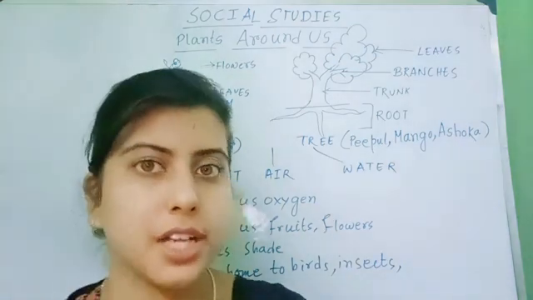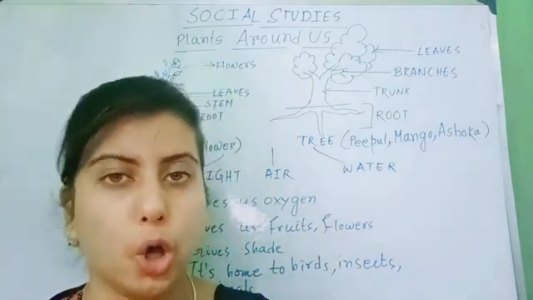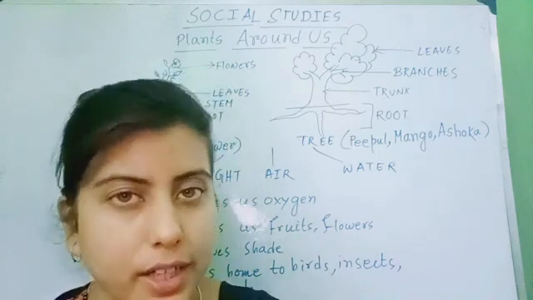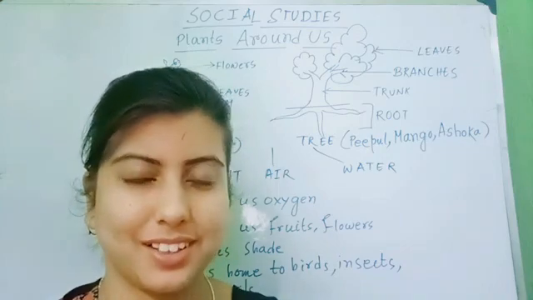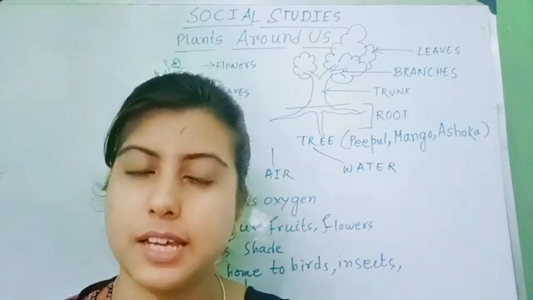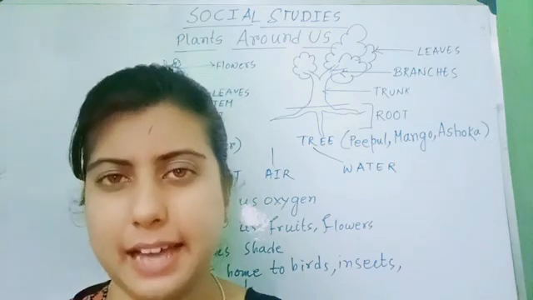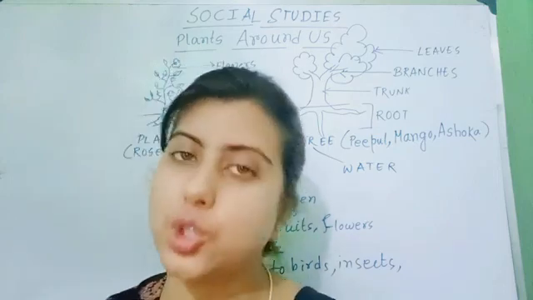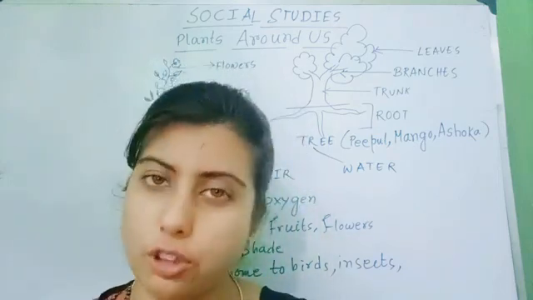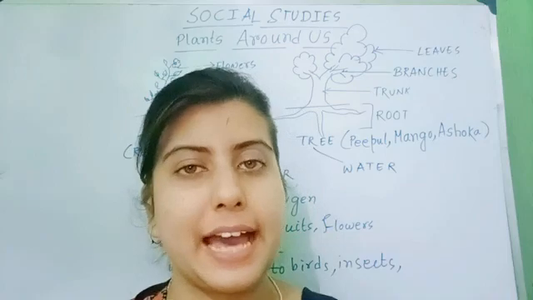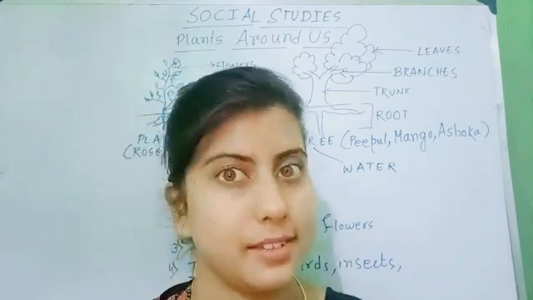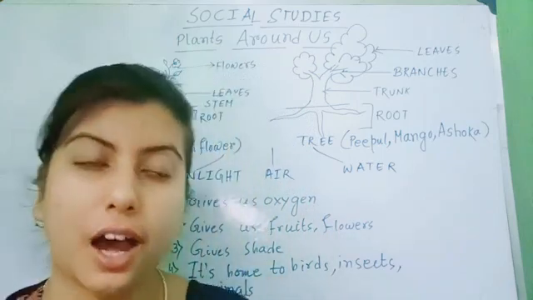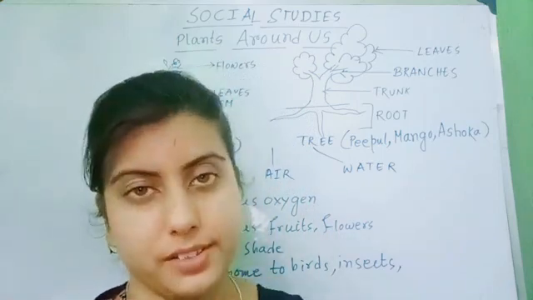In ancient time, people also lived on trees. But nowadays, we do not live on trees. But who lives on trees? Different birds, different animals, some insects. They live on trees. So tree is also the home to many animals, birds and insects. So these are few points which are the importance of trees.